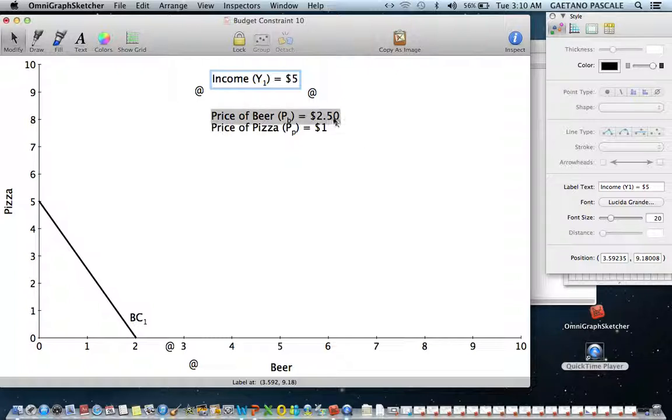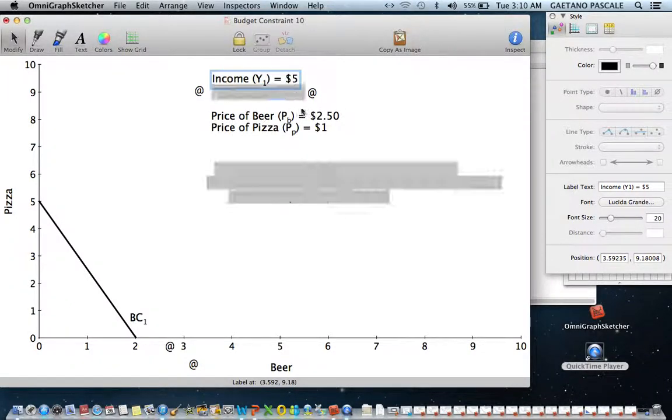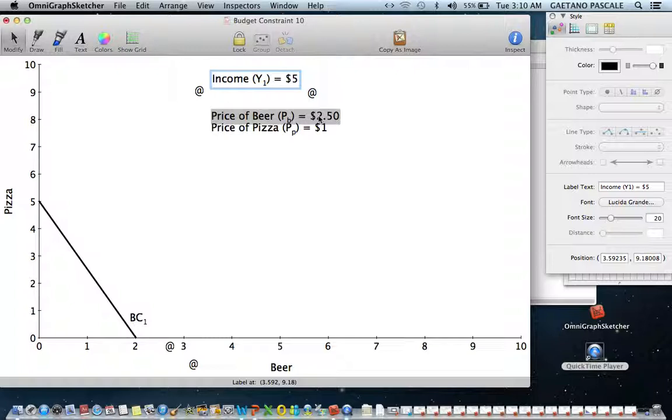So if beer is $2.50 and pizza is $1 and I have $5 to spend, if I buy beer I can only buy 2 beers. If I take 5 and divide it by 2.5, that gives us 2. So here, if I spend all my money on beer, I will get 2 beers, $5 in total being spent.